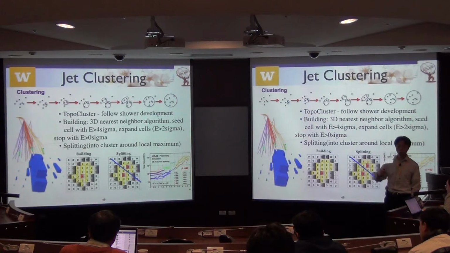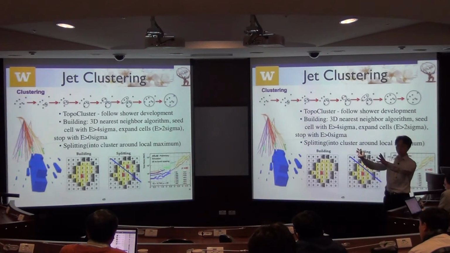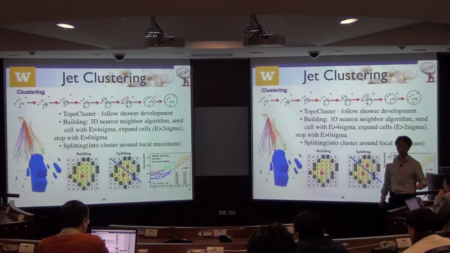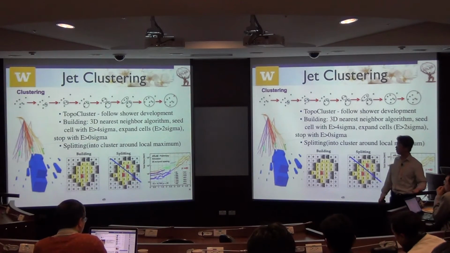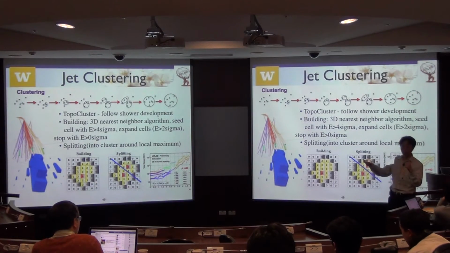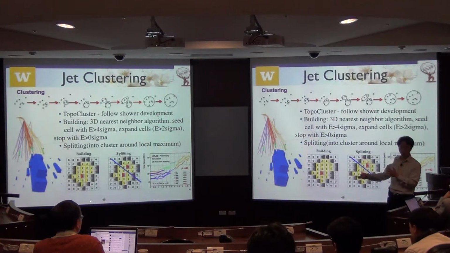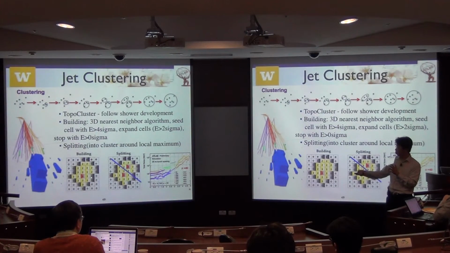How can we cluster all the different constituents, saying this group belongs to the same gluon or quark? We develop an algorithm that starts from a seed: we compare all the energy cells and identify the one with the highest energy with respect to the noise of the cell.